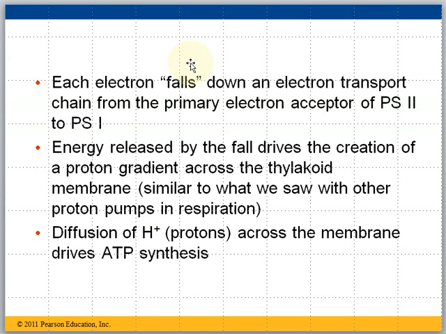Just like we saw in respiration, this release of energy as we go down the electron transport chain is going to drive a proton pump, which is going to increase the gradient across the thylakoid membrane, very similar to what we saw in respiration. And then the diffusion of those H plus ions, those protons coming back across to try to even out that gradient, is going to drive that ATP synthase molecule to create ATP.